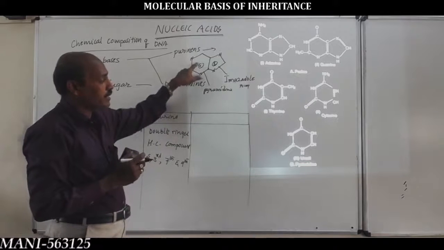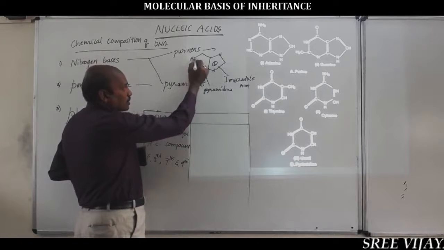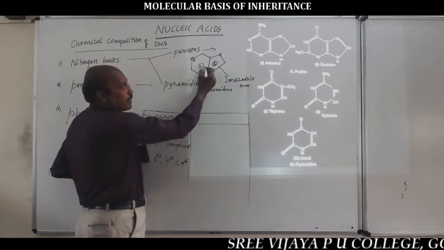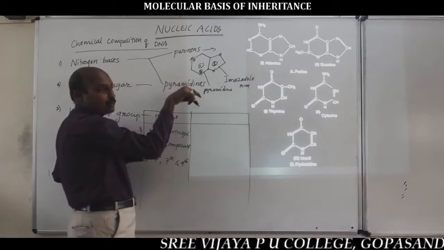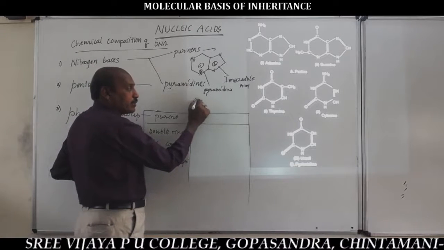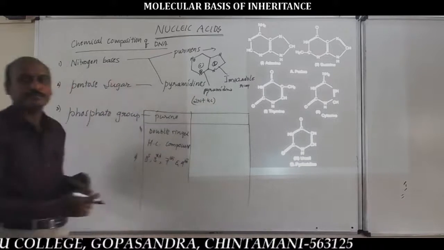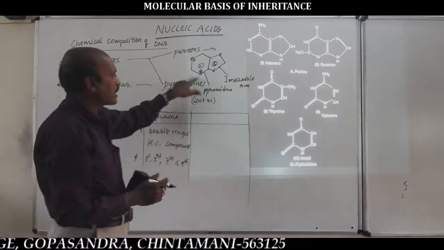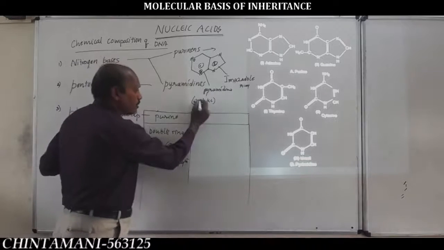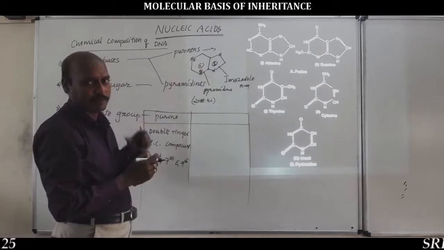In the pyrimidine ring, the nitrogen atoms are at the first and third positions, while the remaining four atoms are carbon. So the pyrimidine ring is 2N plus 4C: two nitrogen atoms and four carbon atoms.